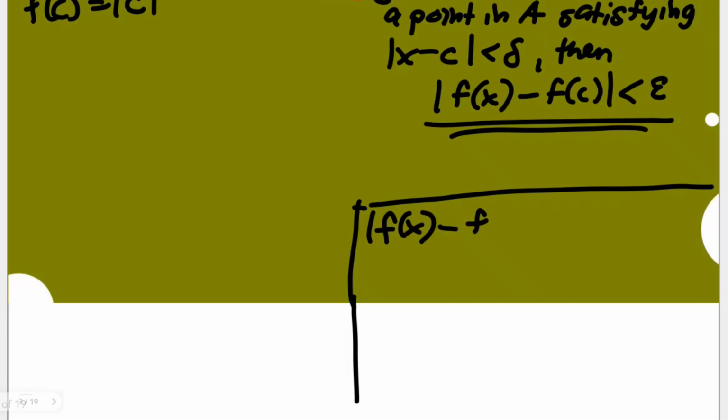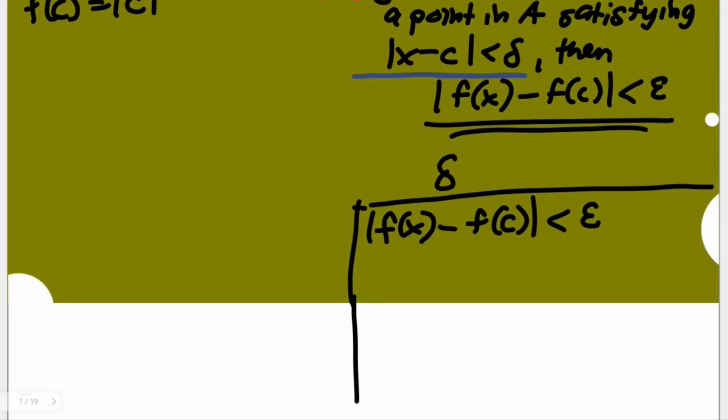This is our target, working backwards. By substituting the necessary functions, our goal is to come up with the form absolute value of x minus c, because according to the definition it is less than delta, and we can then write a certain expression for delta.